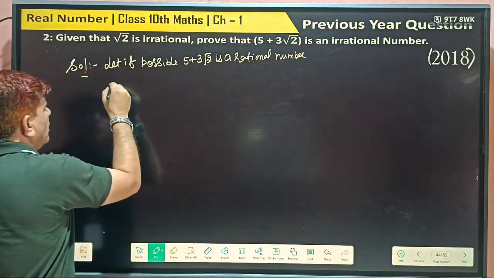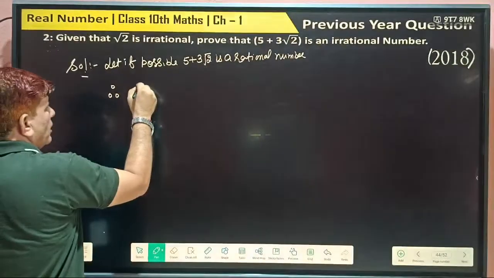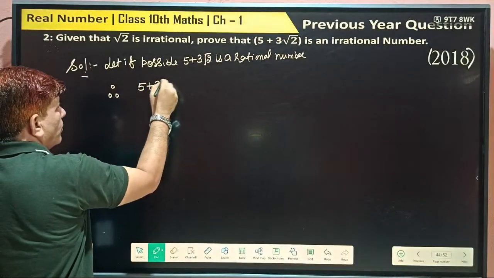And if it is a rational number, then we can write it in p by q form.